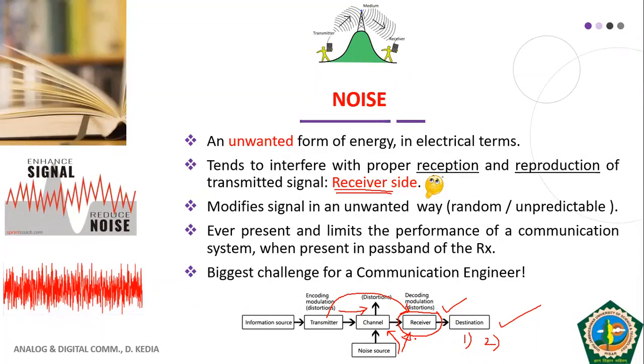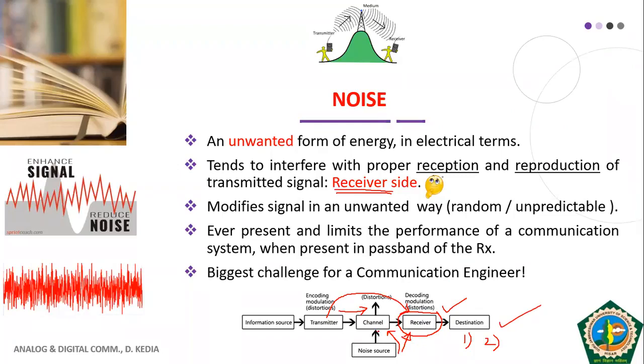So the job of the receiver is to detect the weak signal, which is the desired one, and to extract that weak signal from so much noise which is present around. Dear students, it is the receiver whose job is the most critical in the presence of noise. So we have to make our receiver robust if we want to combat the noise.